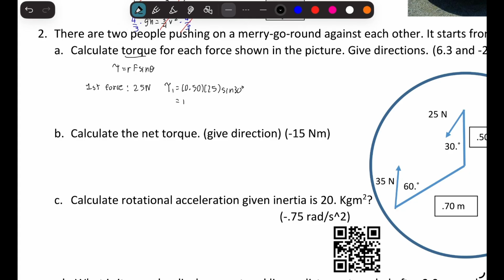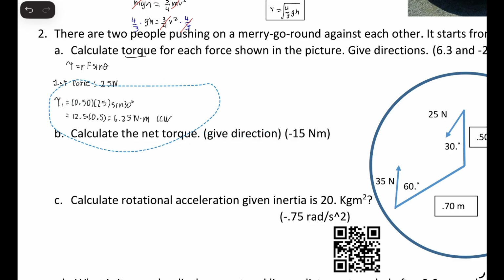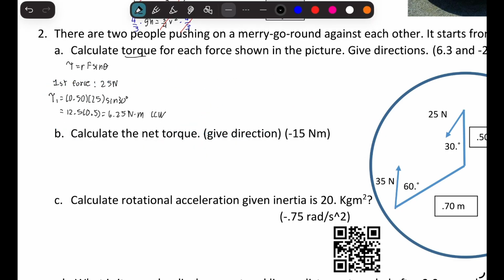That's going to equal 12.5 times 0.5, which equals 6.25 newtons times meters, and this is going to be counterclockwise. Now, that's just for our first force. We also have to do our second force.